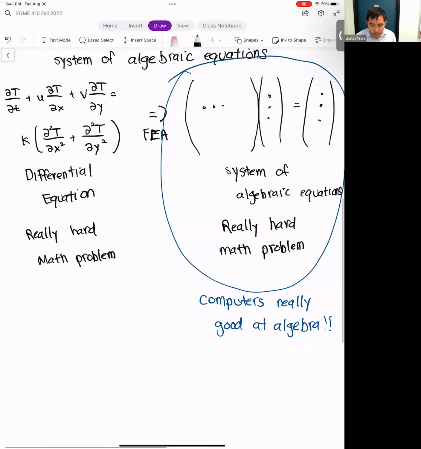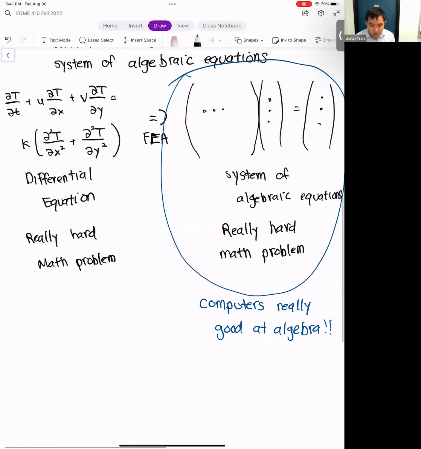There's a whole area of research called linear solver algorithms. Those are basically sets of computer logic, ways to code into a computer how to solve a system of linear equations.